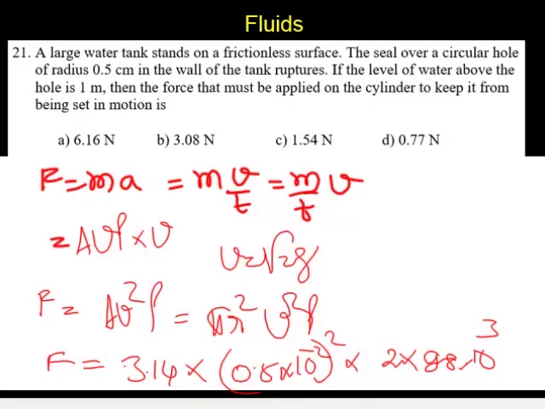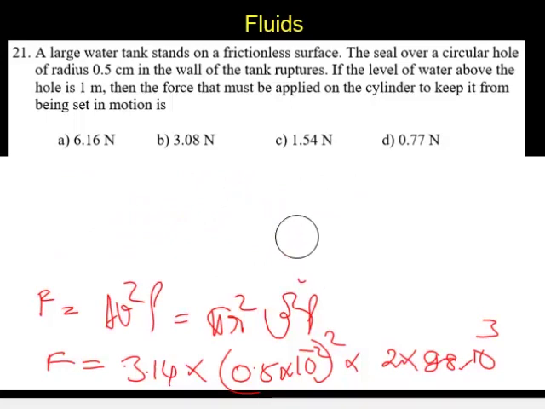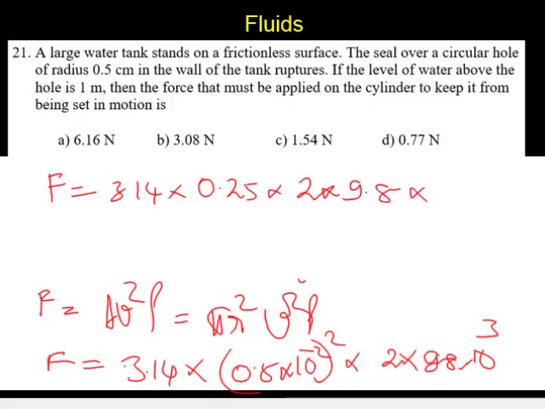So now we can go for the calculation. Everything we have substituted, we just have to calculate. So F is equal to 3.14 into 0.25 into 2 into 9.8 into 10 power 3, and here there will be 10 power minus 4, so it is going to be 10 power minus 1.